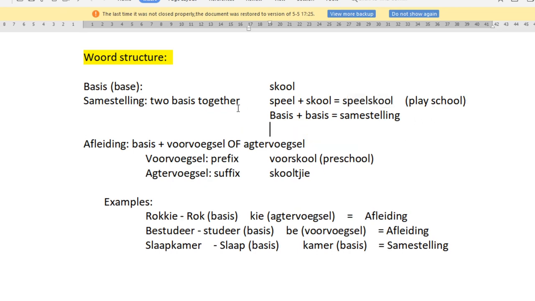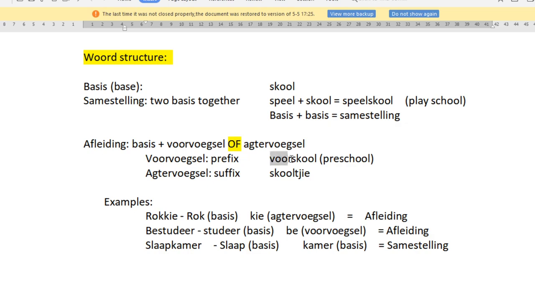Now, let's see 'n afleiding. So 'n afleiding is if we've got a base, a basis, and a prefix or a suffix, so not necessarily both, sometimes just one. 'n Voorvoegsel, voor means before, it's a prefix.